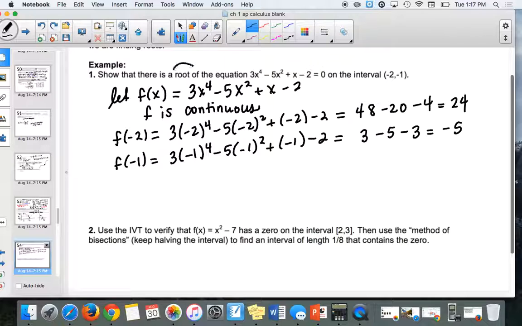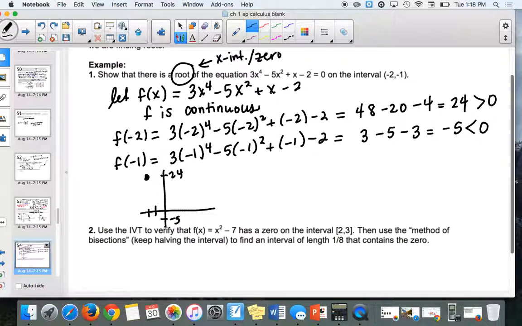We're trying to find the root. That is the same as an x-intercept or a 0. You could see any of those words, root, x-intercept, 0. All mean the same thing. So we just showed that f of -2 was bigger than 0 and f of -1 was less than 0. You don't need to do a little rough sketch, but basically here's what's going on. We got f of -2 way up here at 24, and f of -1 way down here at -5.